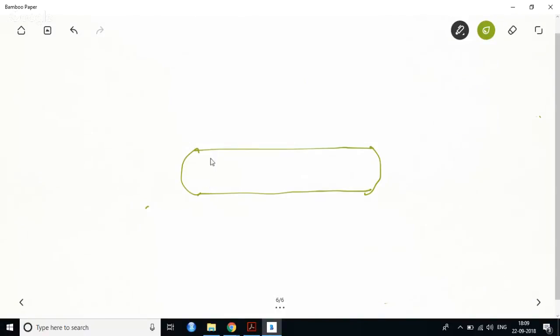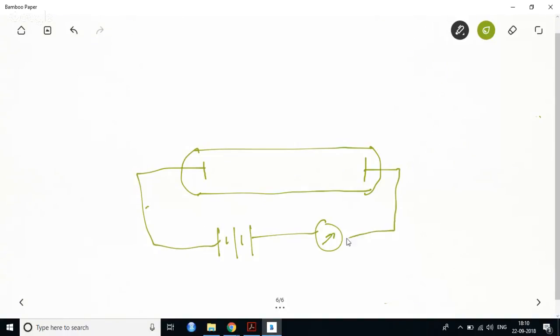This was my anode, and there was a DC source here, and there was an emitter here, and there was an anode here, and this was a vacuum valve, and you had a pressure gauge here, and this was your anode, and this is your cathode.